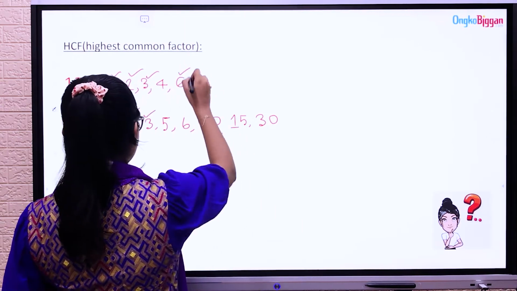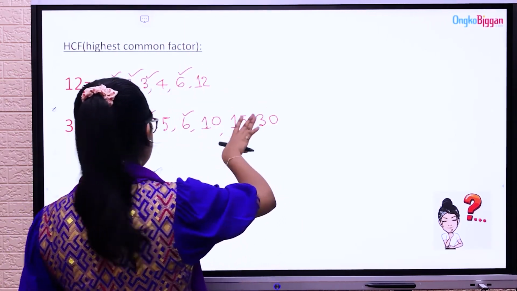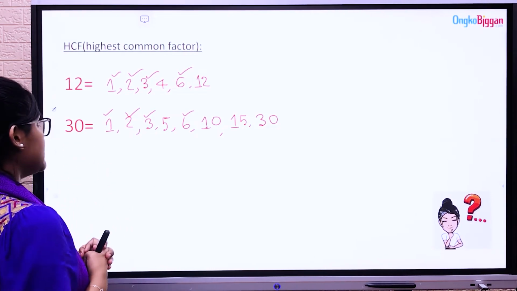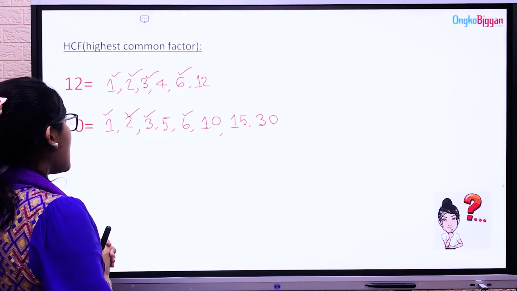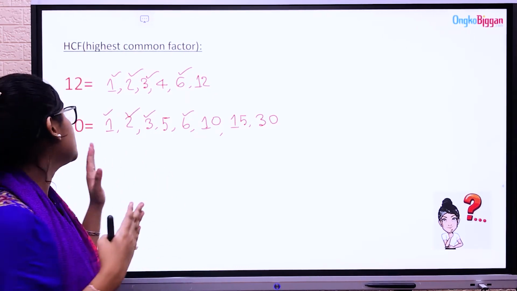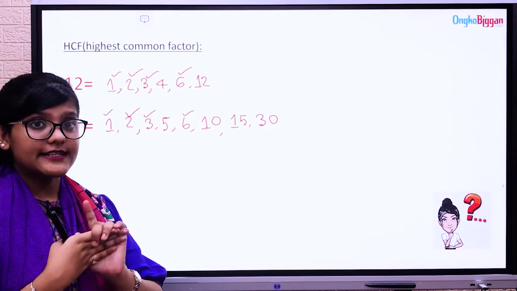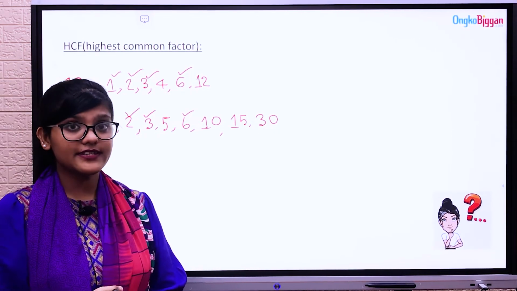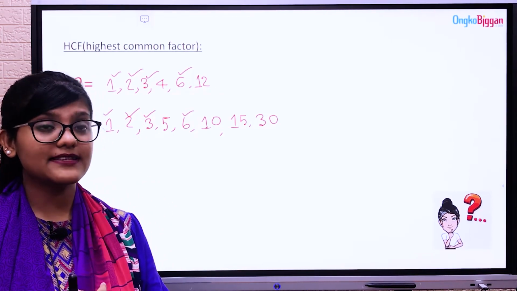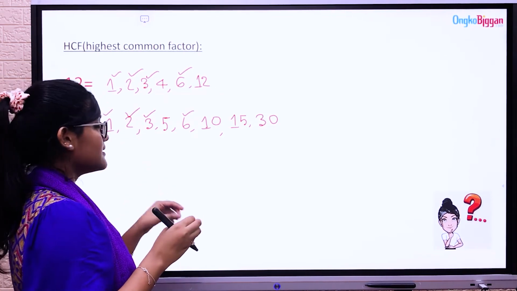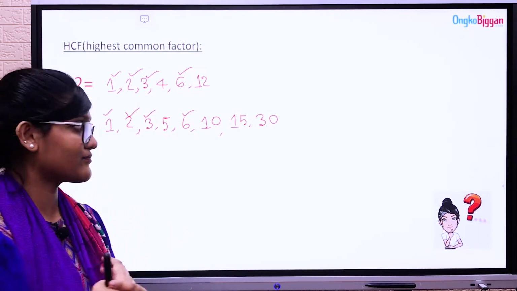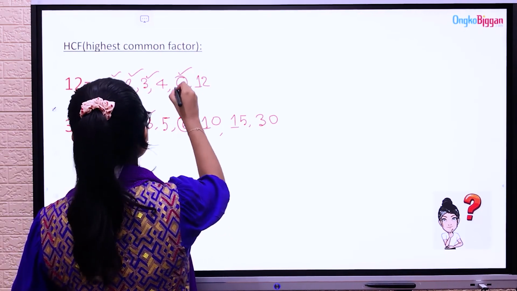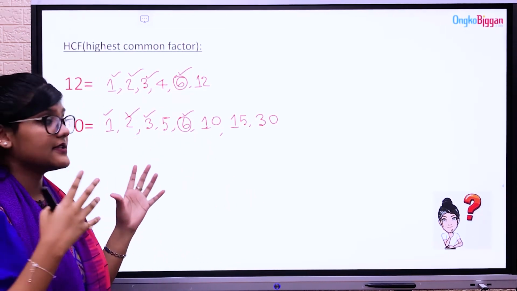Then we have 6, also 6, and the rest are not similar. So between 12 and 30, 1, 2, 3 and 6 are the common factors. But HCF is that factor which is the highest common, that means among the common factors, the highest value. So in the case of 12 and 30, 6 is the highest.